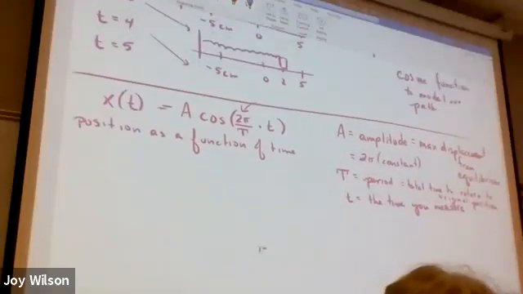Get those up a little bit higher. So let's look at how do we use this to graph something.